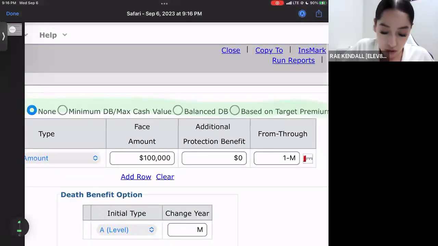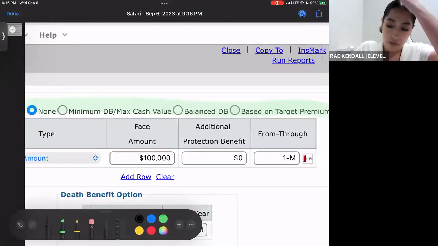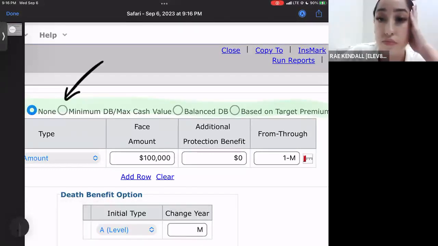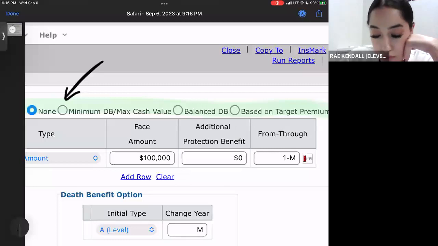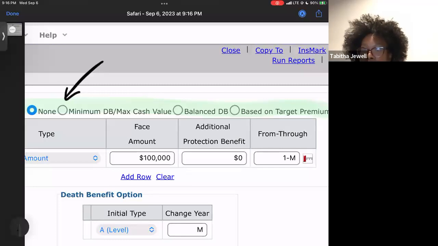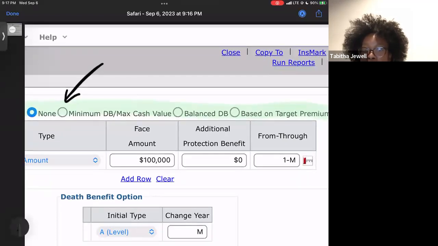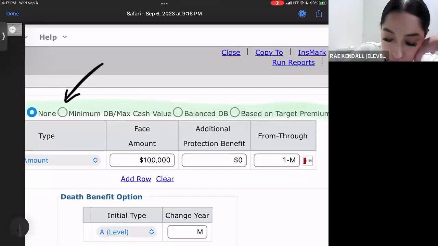So who knows what minimum death benefit maximum cash value is? Isn't that how you properly structure an IUL so it doesn't lapse and then turn into what people call a scam and you lose money in your IUL? Mm-hmm.